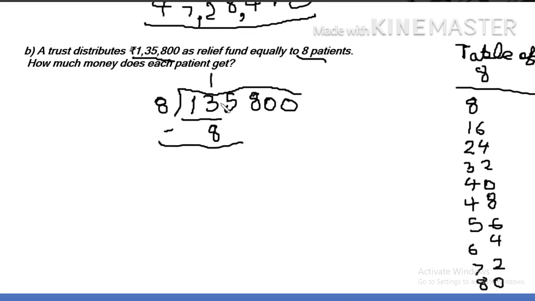Let's borrow. 13 minus 8 is 5, then copy 5, 55. 48. So 6 times 48, subtract.